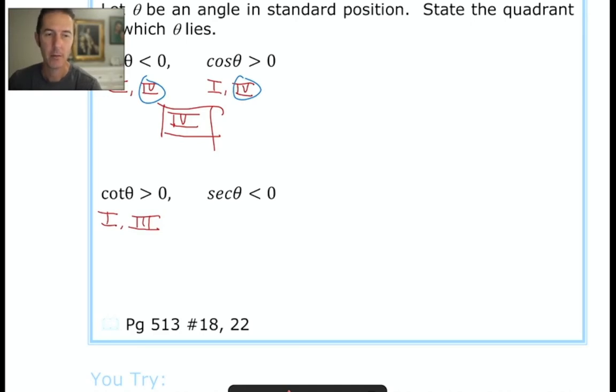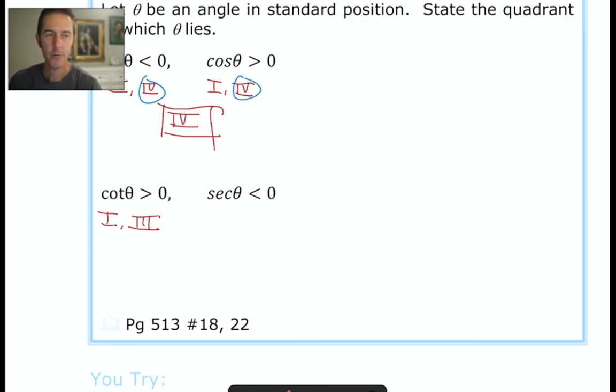Now, secant. When it comes to reciprocal functions, I always have to kind of revert back in my mind. Secant is the reciprocal of cosine. So we want to know secant and cosine are going to both be positive in the first quadrant. So we're not interested in that one.